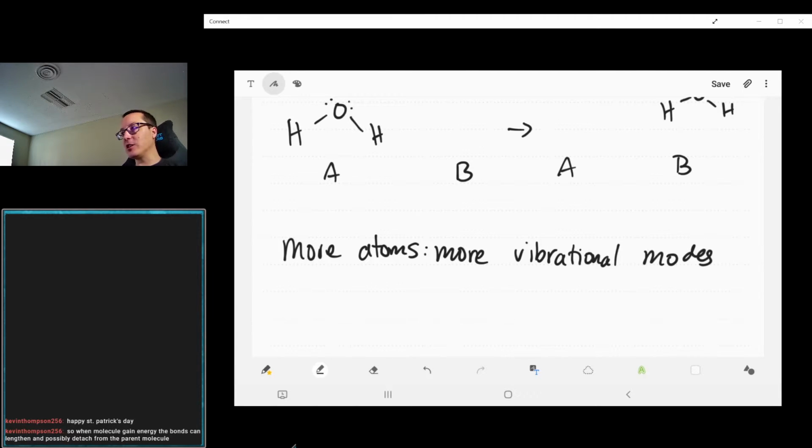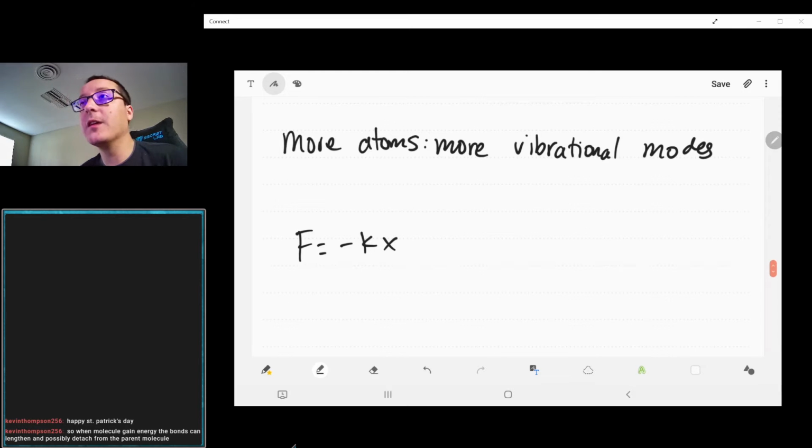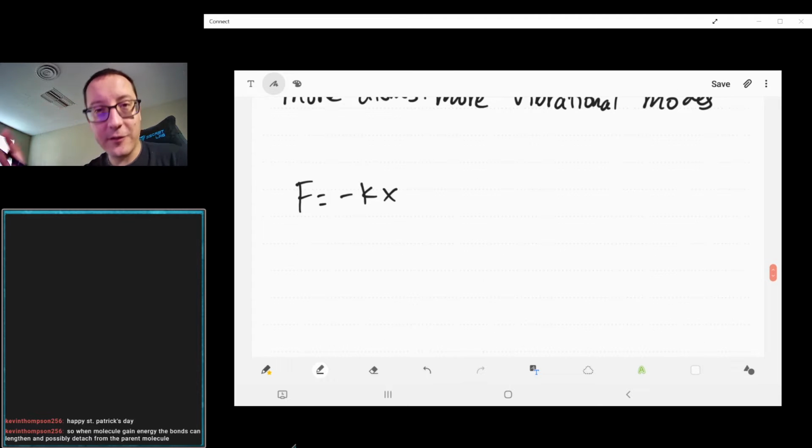For it to actually break, we're going to see that these actually will obey Hooke's law to an extent, where the force that they're going to experience is related to a constant times their displacement. For the rest of you non-Kevin people, ignore this.